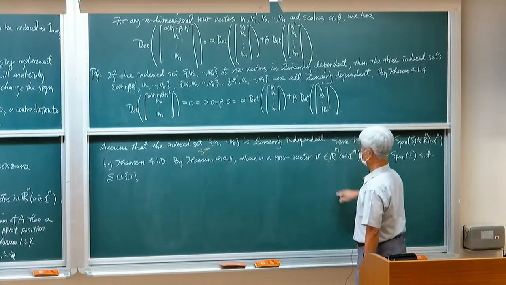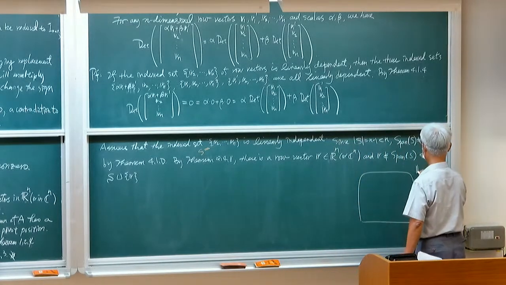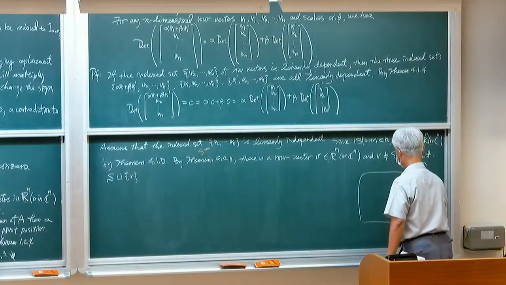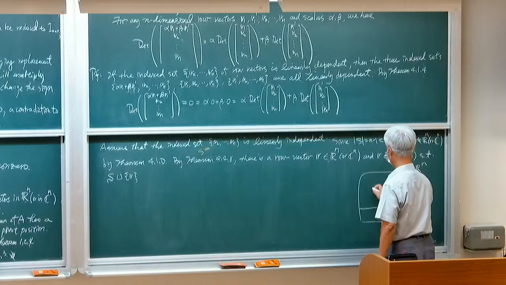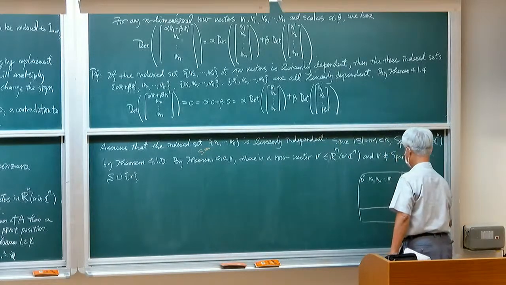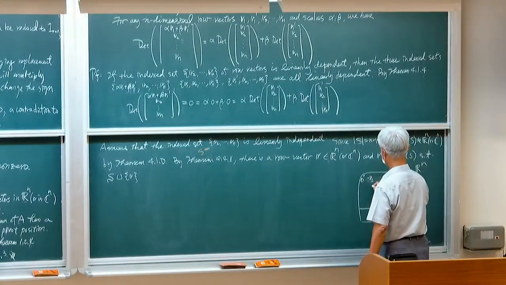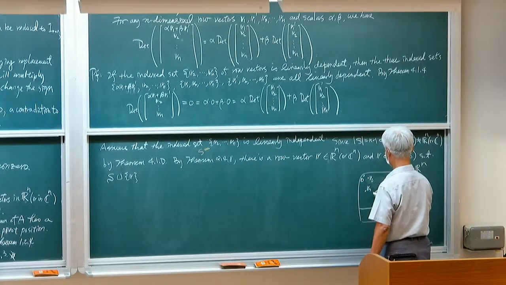Remember that this is Rn, but we have a set, so this is the 0 vector, we have R2, R3 up to Rn here, and its span here.